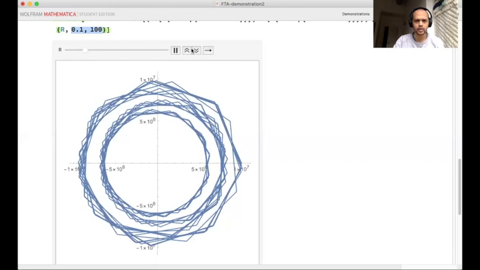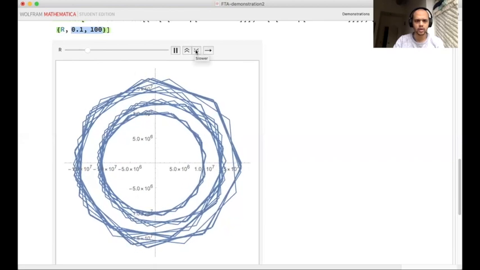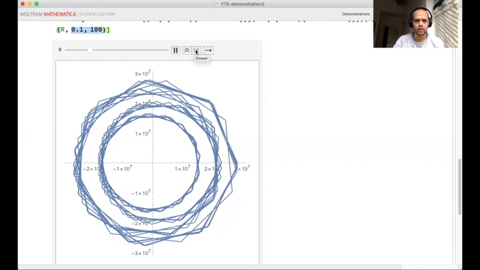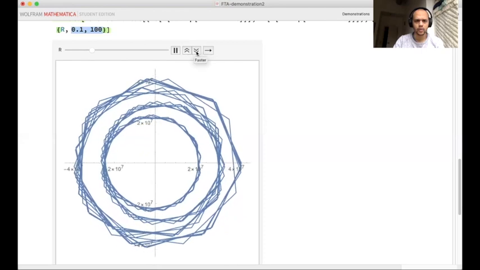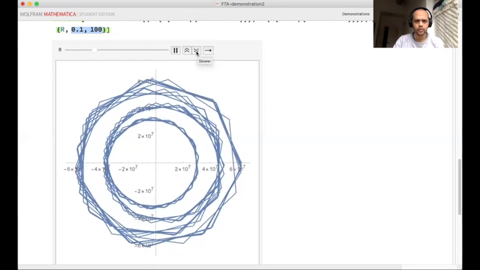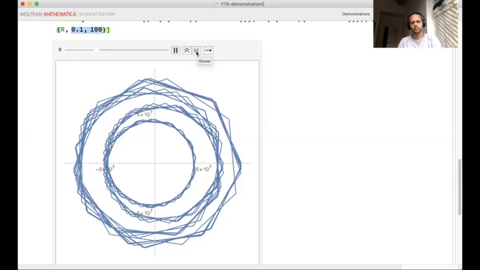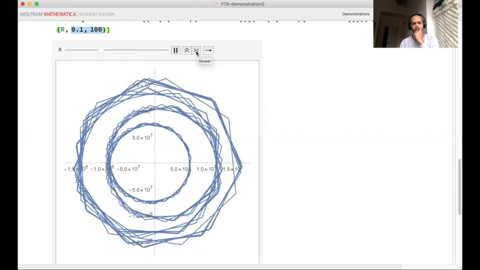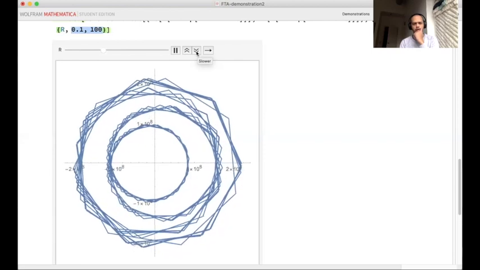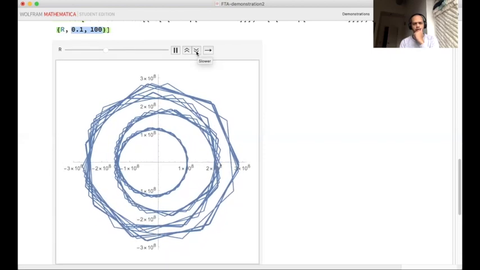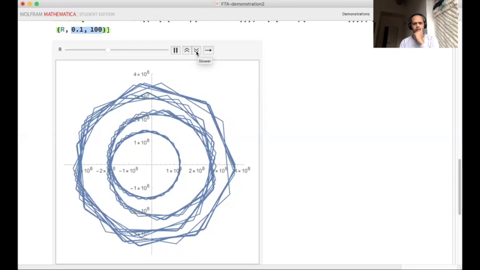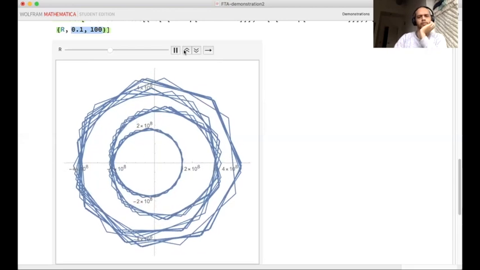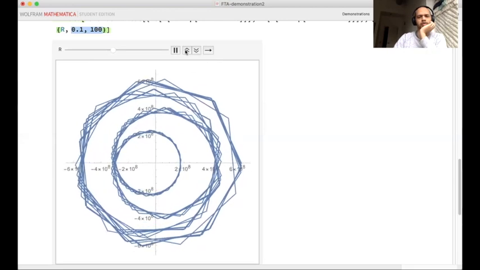Let's speed this up a little bit. If we go out far enough, it's supposed to wind around 5 times.